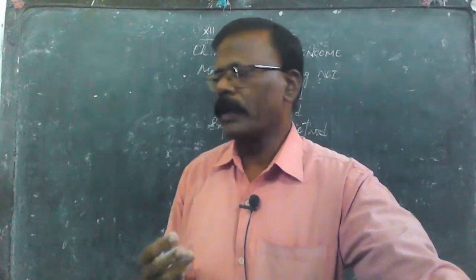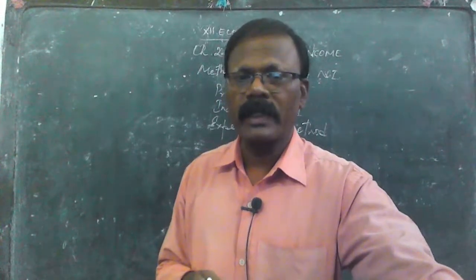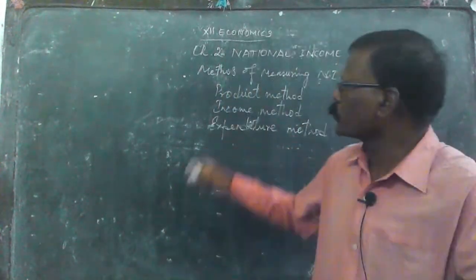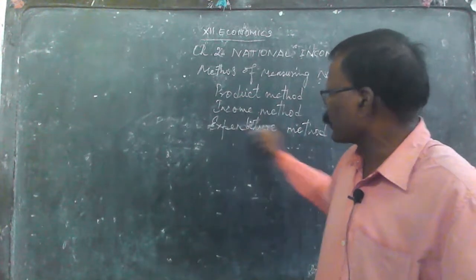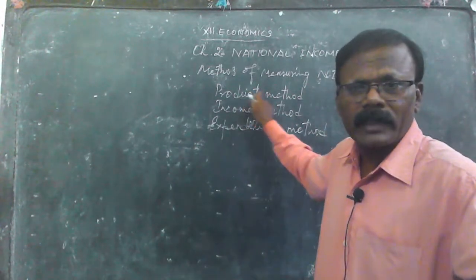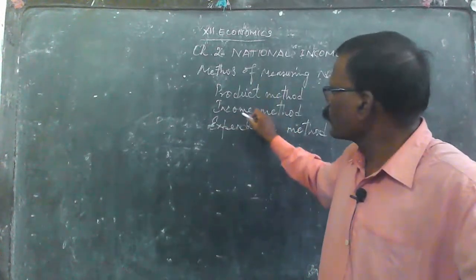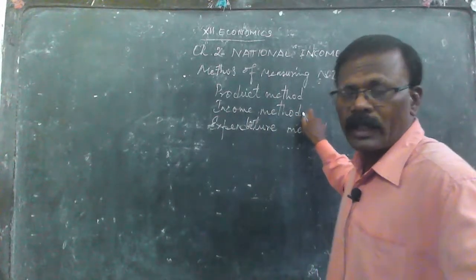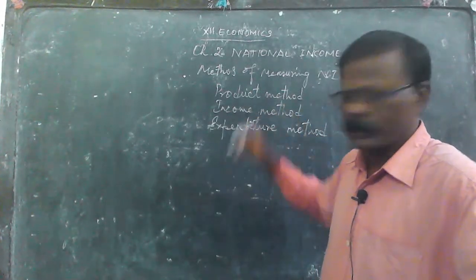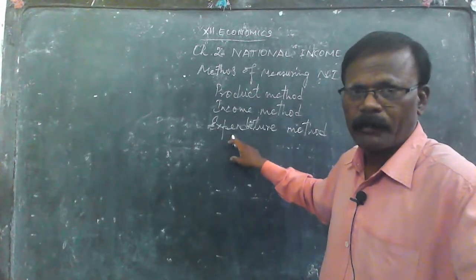These are the three methods available for the estimation of national income. Product method is also known as value added method, the income method is also called factor earning method, and the third is the expenditure method.